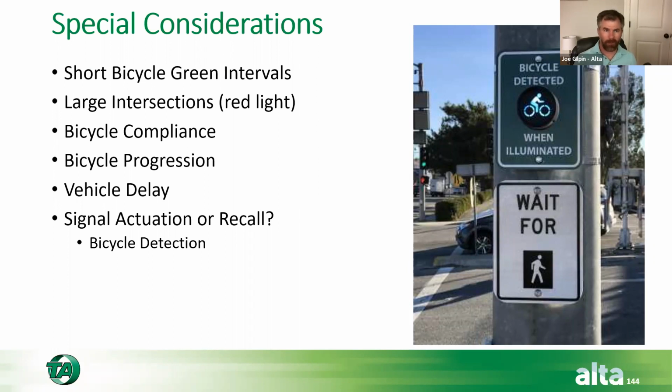Another big problem is large intersections. So let's say you've got 120 feet to get across, and in a lot of cases, because the change interval for bicyclists, the clearance time, is somewhat short, there's still maybe time where you're entering the intersection and the bicycle signal will go yellow and you have to get across, but they can't just rest the bicycle signal on yellow for too long.